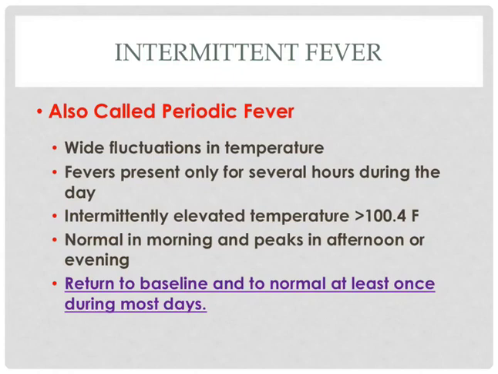Usually there's normal temperature in the morning, but then it peaks in the afternoon or evening. The main thing to remember about this one is that it returns to baseline, and it comes back to normal each day, at least once during most days.